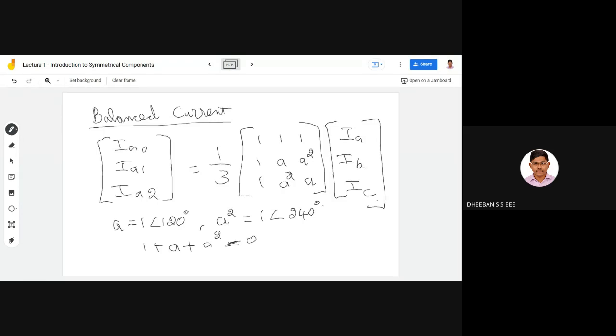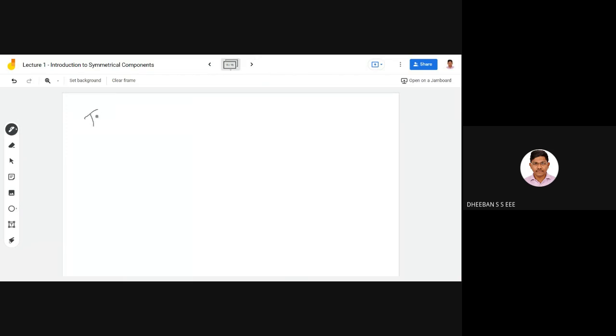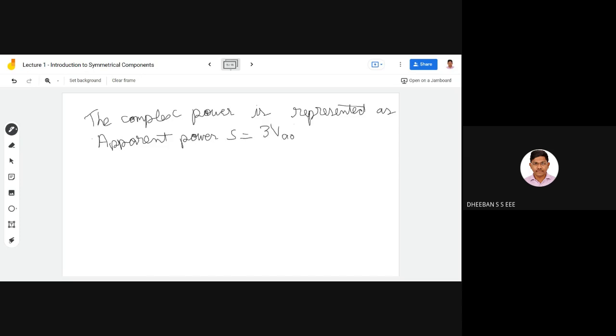And now the complex power. The complex power is nothing but your VA, that is your apparent power S, which will be equal to 3 times VA0 IA0, plus 3 times VA1 IA1, plus 3 times VA2 IA2.